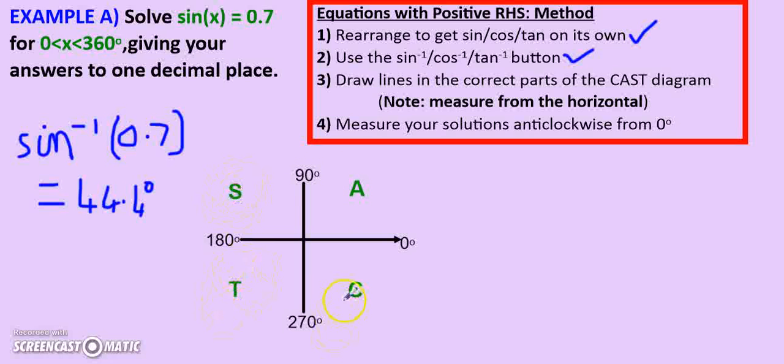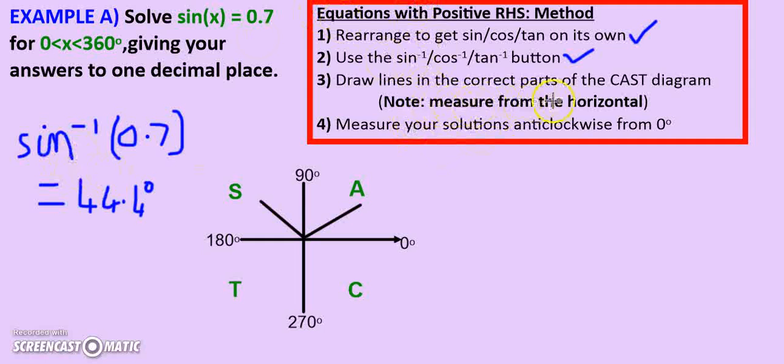But we can't be down here in T or C. It's not possible for sine to be positive there, as we saw in the previous video. So let's draw some lines in the all section and the sine section.